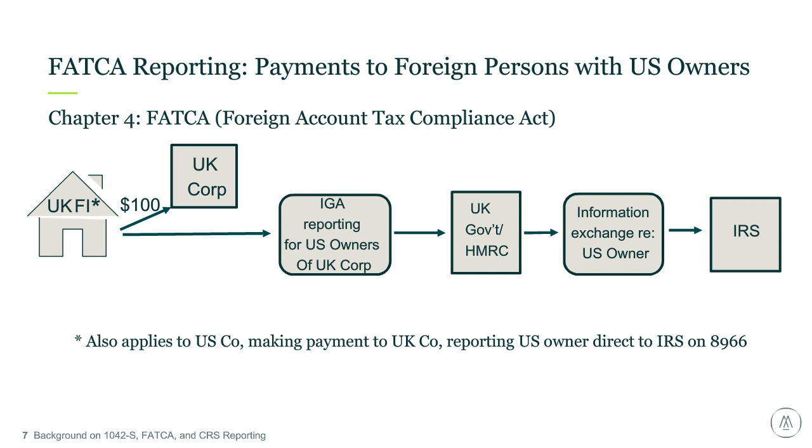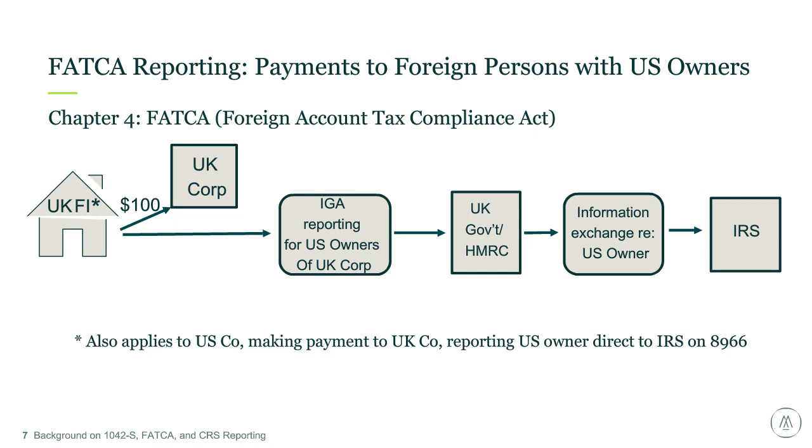And so that UK FI will say, hey, HMRC, we have an account that's a foreign passive entity with U.S. owners, and then the UK government exchanges it back with the IRS. So ultimately the IRS is just looking for all those U.S. people that are potentially hiding or not disclosing income.